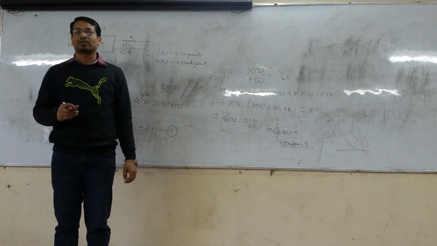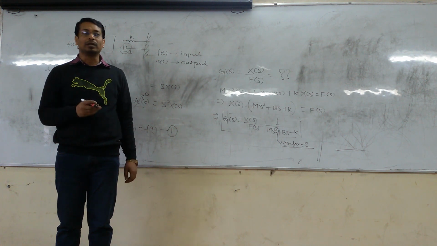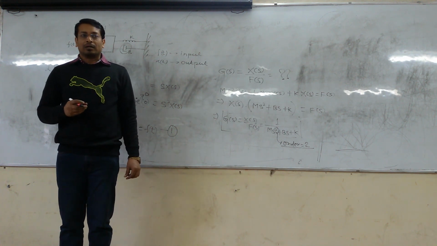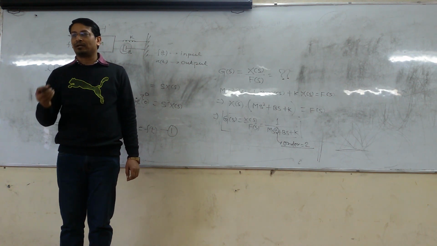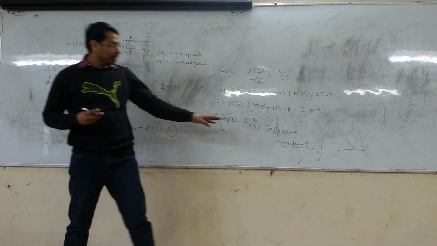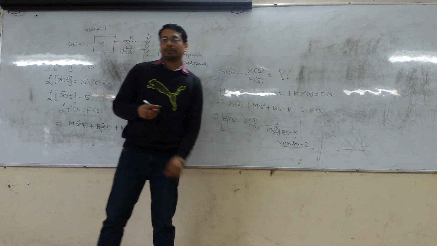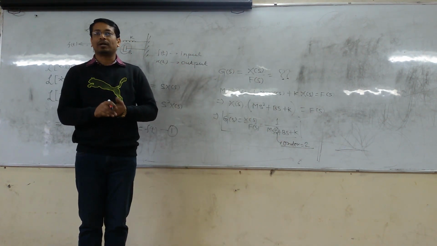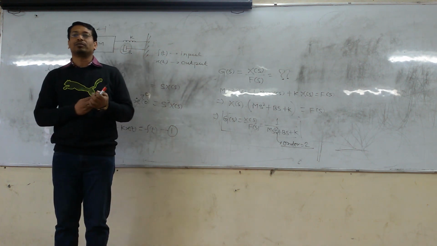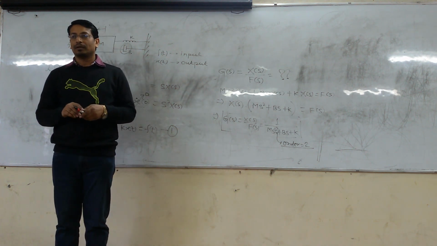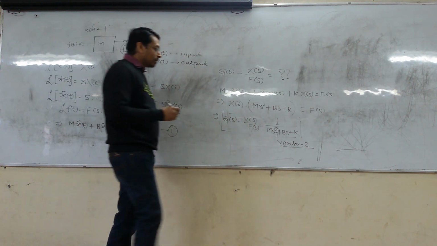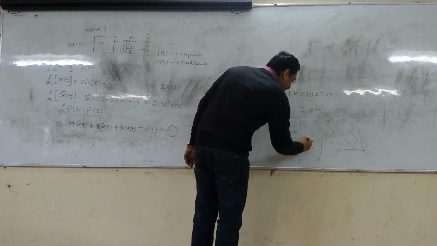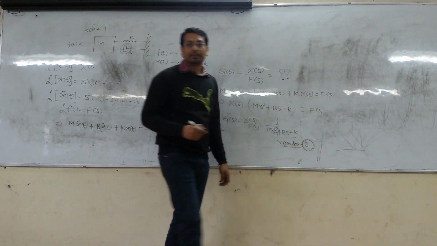If somebody is going to ask what is the order of the system depending upon the transfer function, you note the denominator of the transfer function and then note the highest degree, which is equal to the order. What is the physical significance of this? The order of the system signifies that there are 2 energy storage elements.